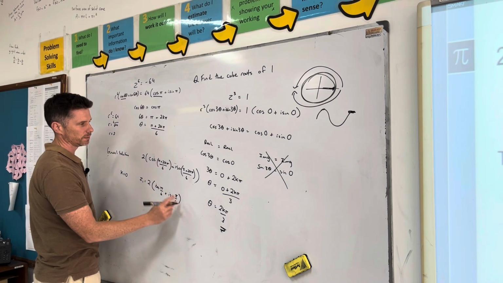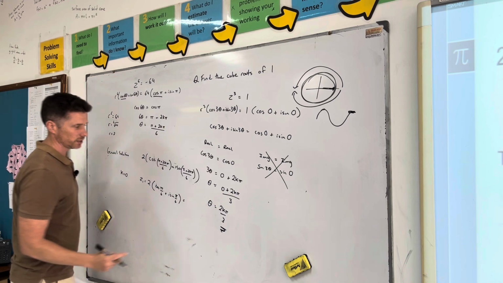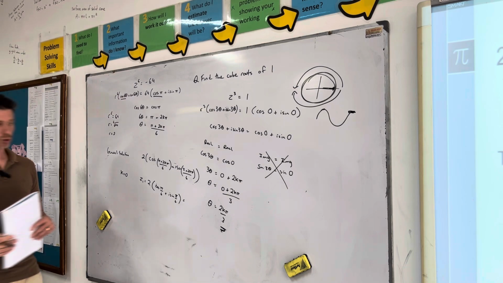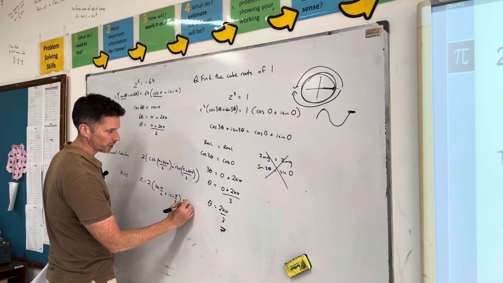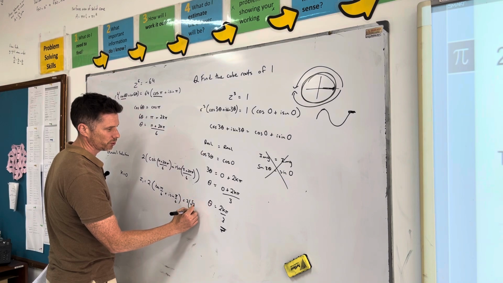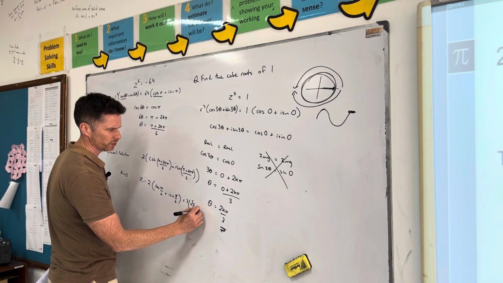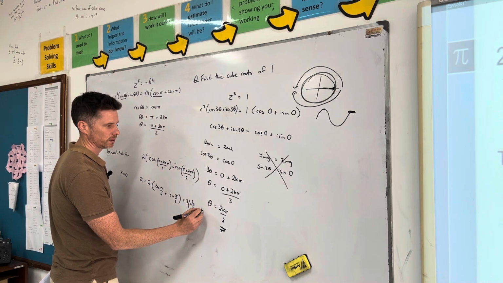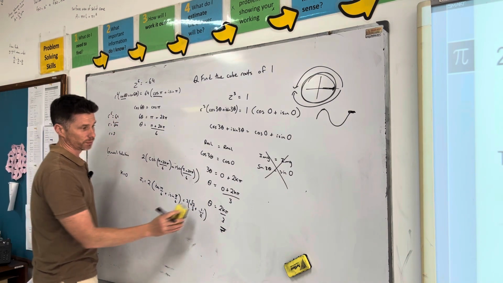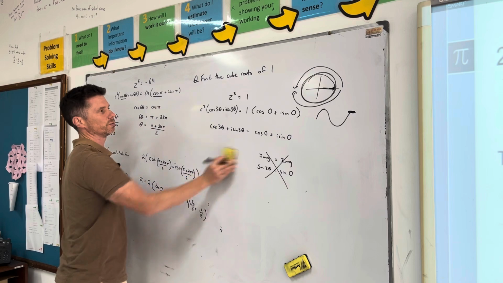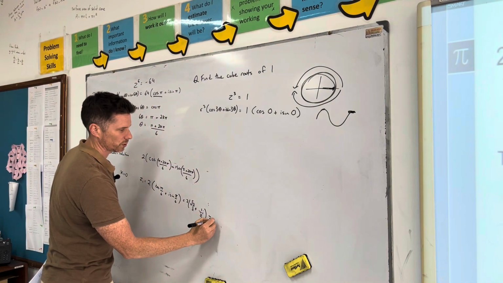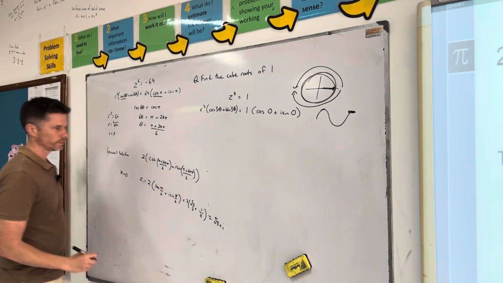That's first quadrant: root 3 over 2, and i over 2. This simplifies down to 2 times root 3 over 2 plus i over 2, which is root 3 plus i.